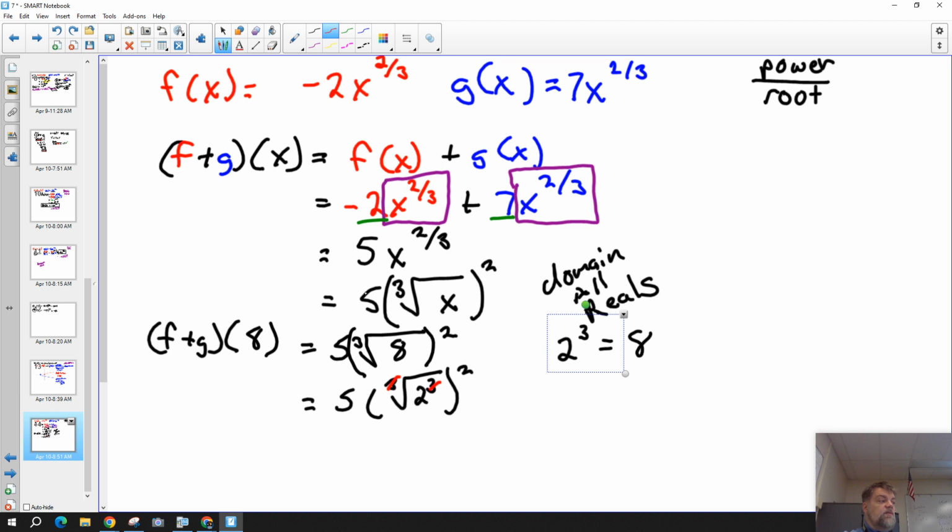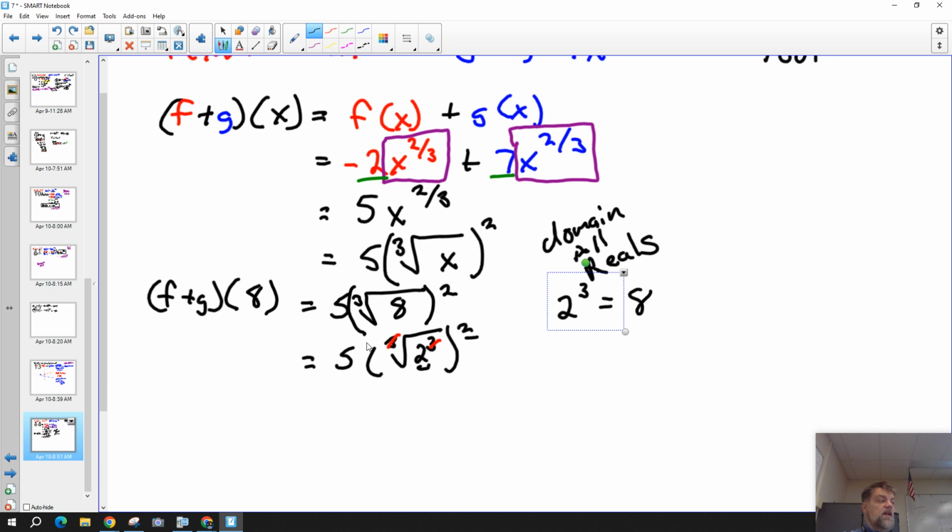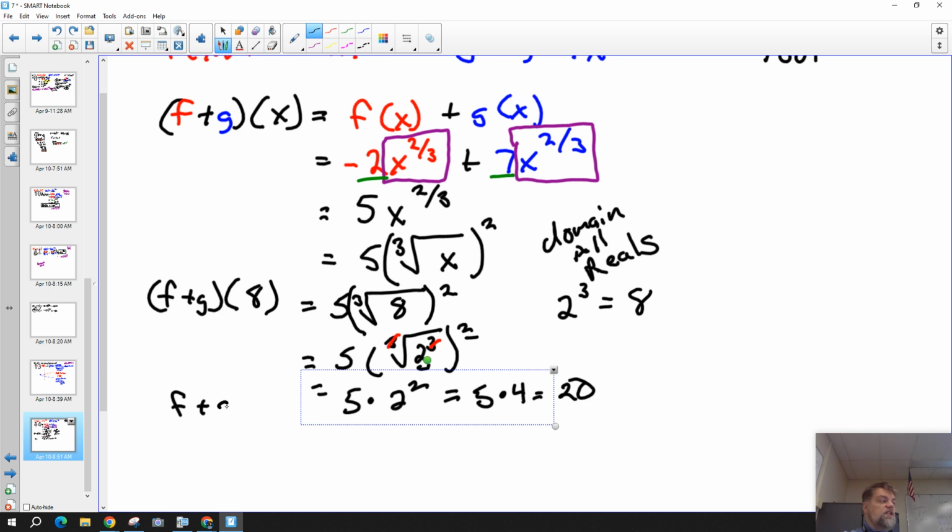So what they really have is 5 times 2 squared. Well, 5 times 2 squared is 5 times 4, and so this whole thing equals 20. So f plus g of 8 will equal 20.